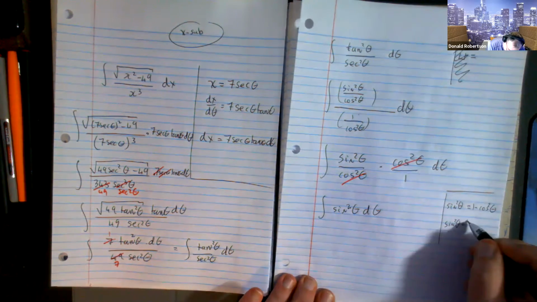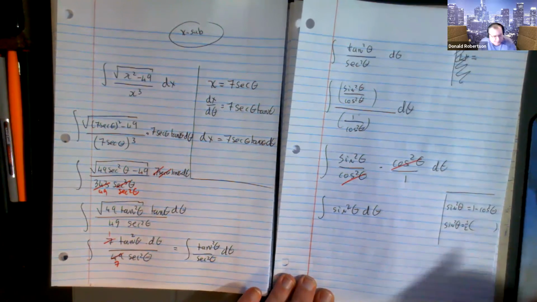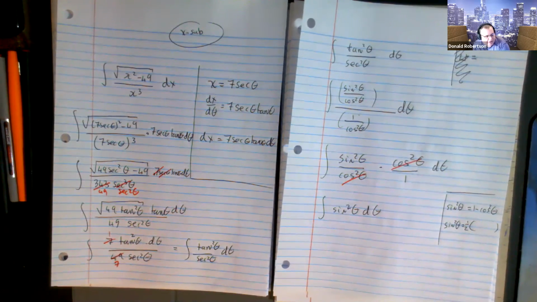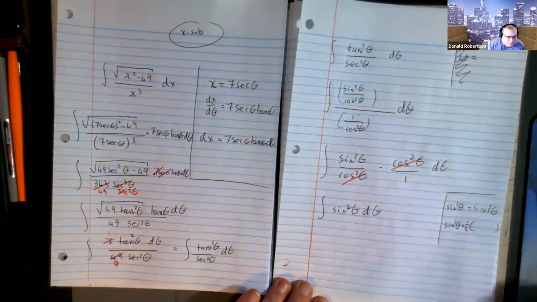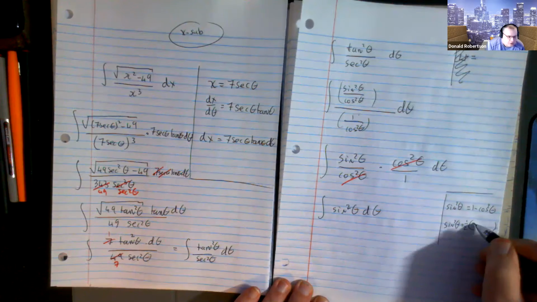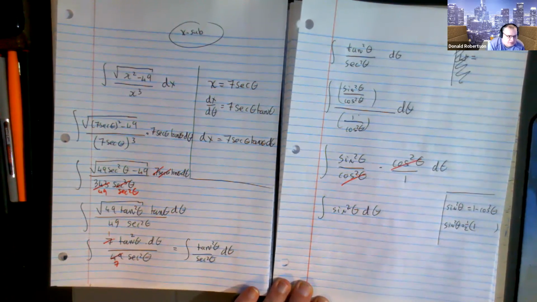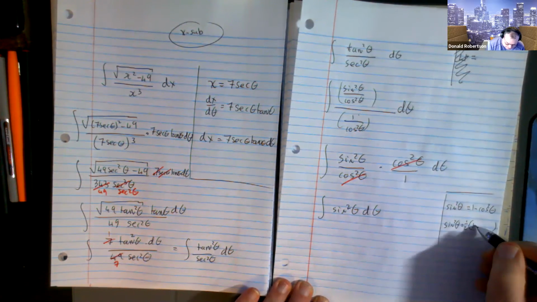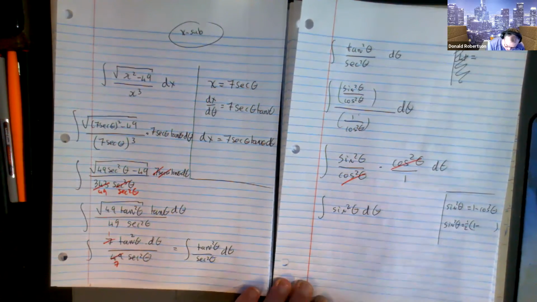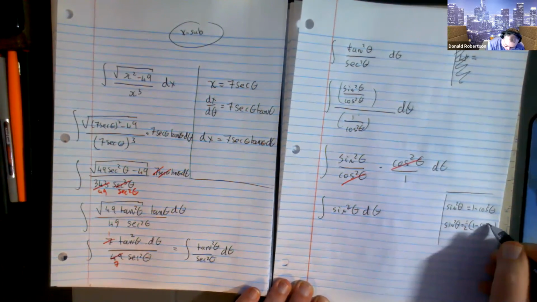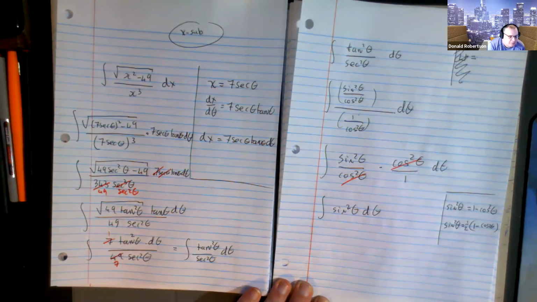Okay, I'll give you a clue. It's a half of something. Still no biters? 1. Take away. You remember that guy? Cos squared is a half, brackets 1 plus cosine 2x. Sine squared is a half, 1 minus cosine 2 theta.